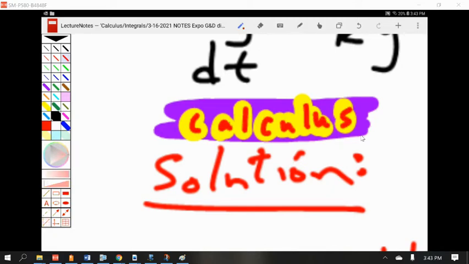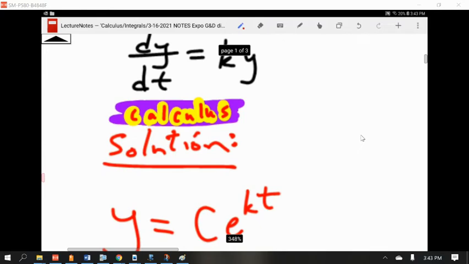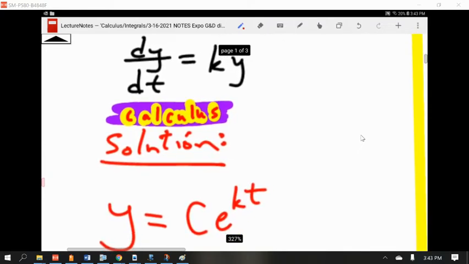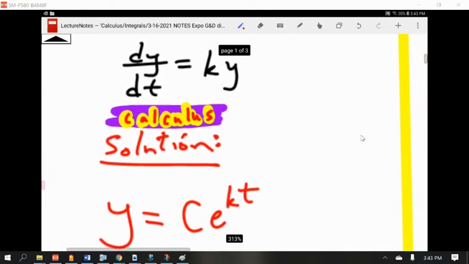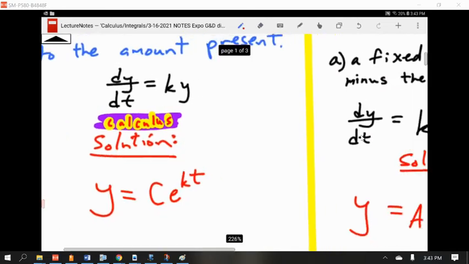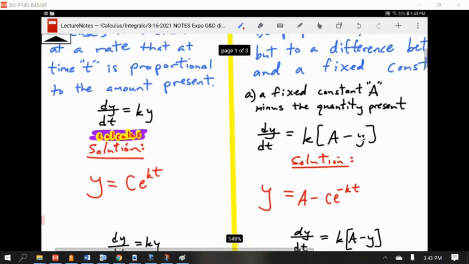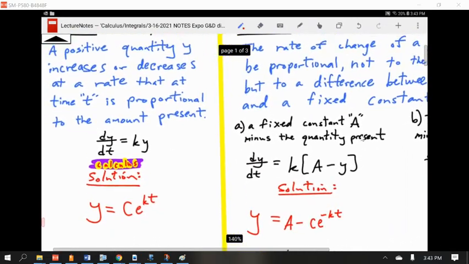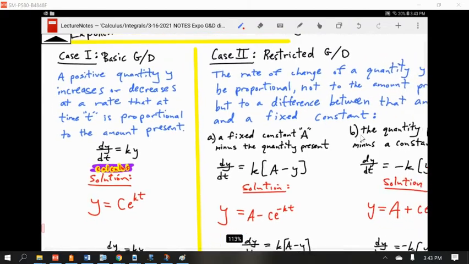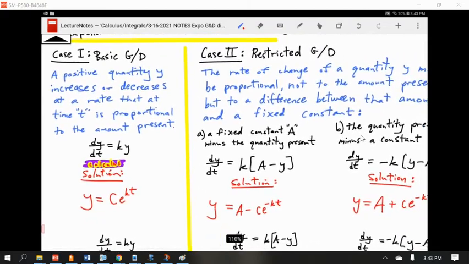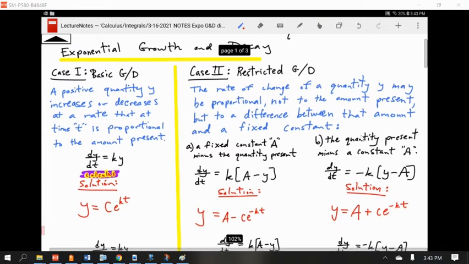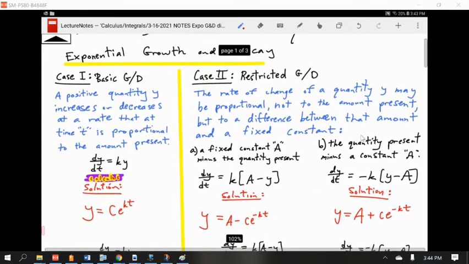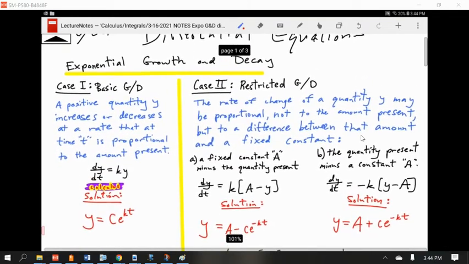I solve the differential equation for dy/dt, and I get y equals, okay? If k is negative, then you have exponential decay. If k is positive, you get growth. We talked about that example last week in class. That is the rate of change proportional to the amount present.